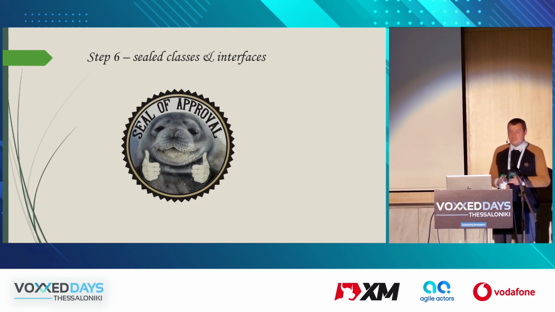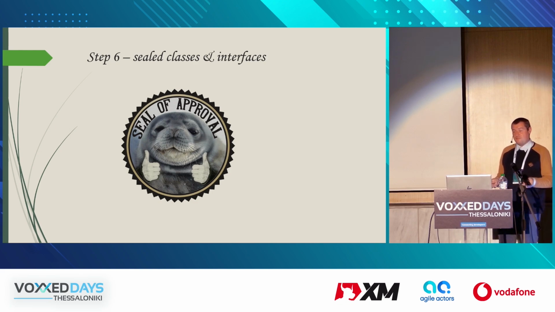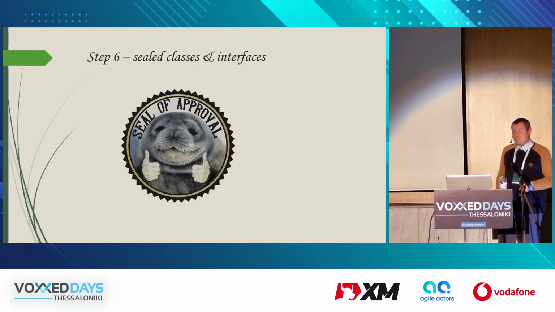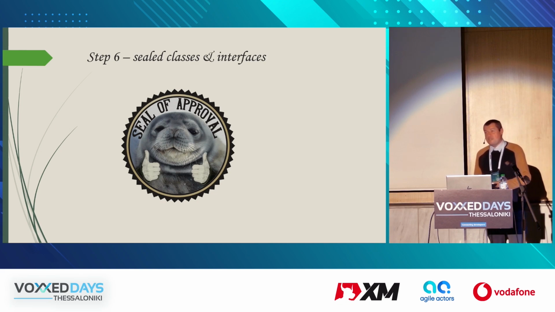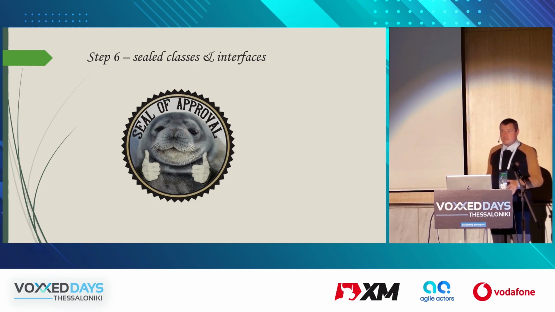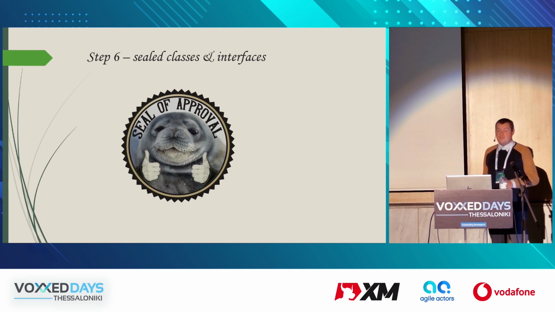And these two kinds of types in Java, classes and interfaces, can be sealed, which means that we can directly state that only directly enumerated classes or interfaces can inherit from these classes and interfaces. Okay, one can say, what does it give to us?